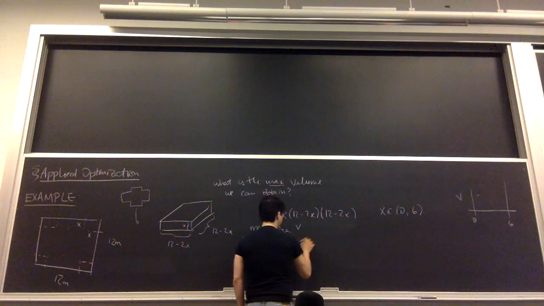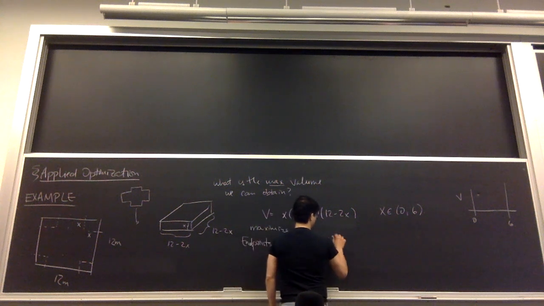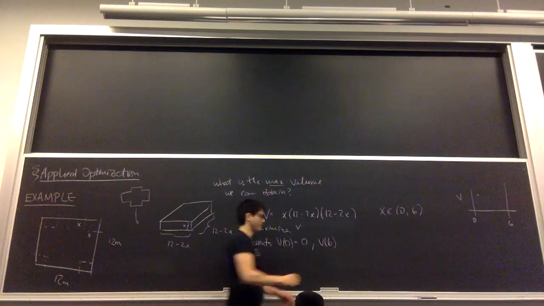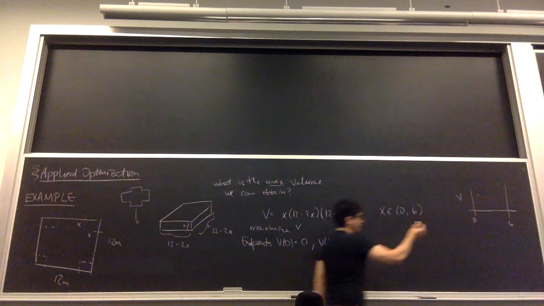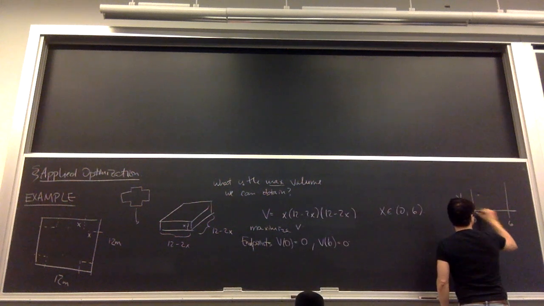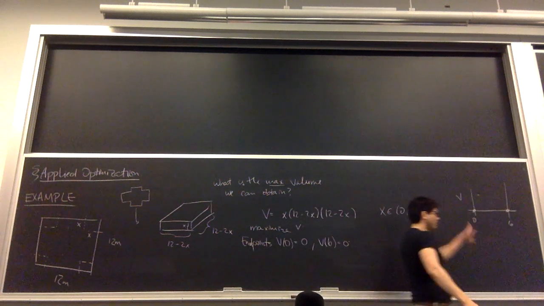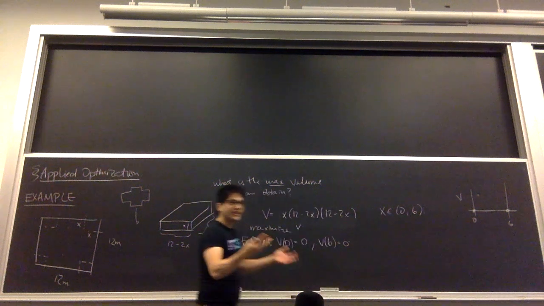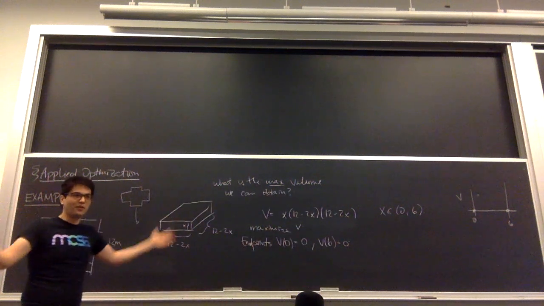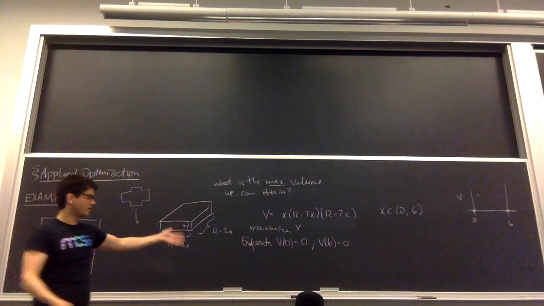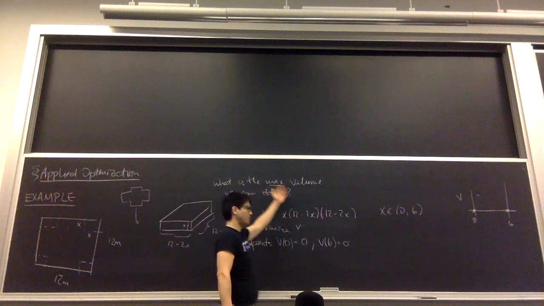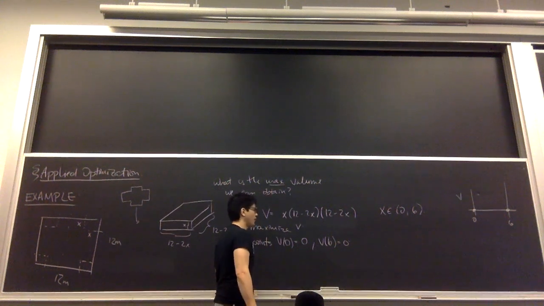What is v at 6? Also 0. So clearly 0 isn't the maximum volume. So the endpoints don't give the maximum volume. We're going to have to search a little bit more.